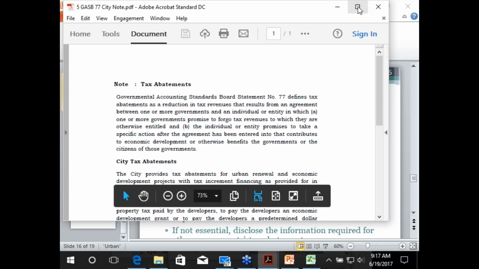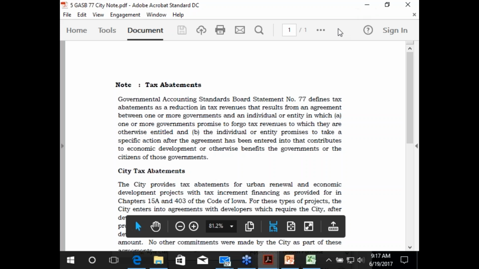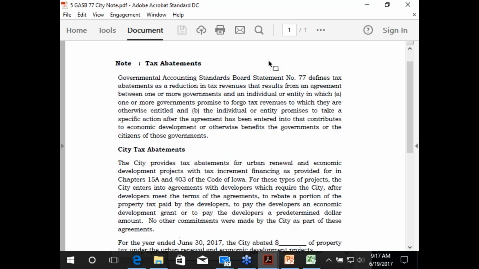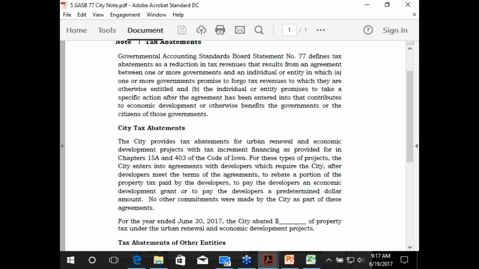These are some footnotes that we've drafted to help disclose GASB 77. As Marlis mentioned, GASB 77 is merely a disclosure standard. It does not impact your numbers on your statement of net position or any of your other financial statements in any way, shape, or form.